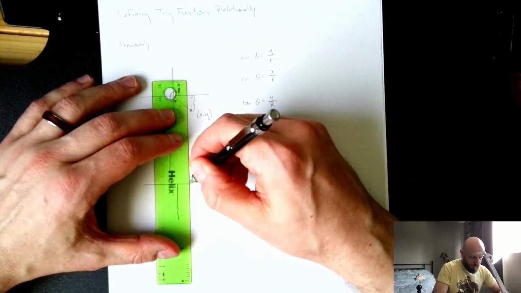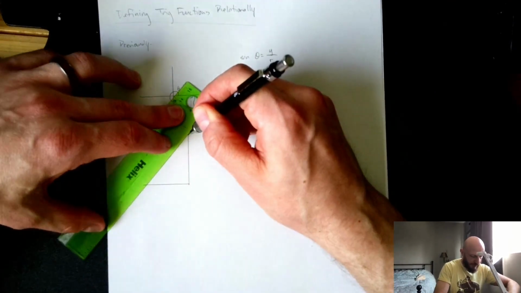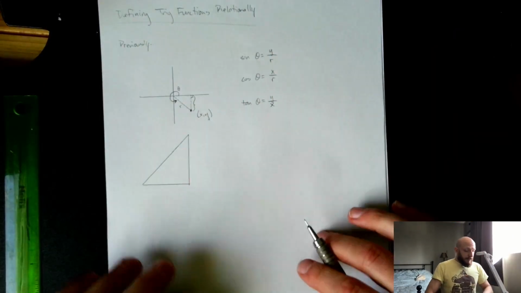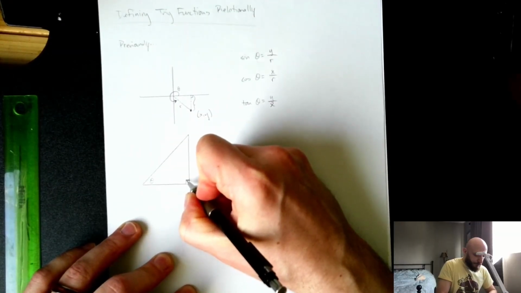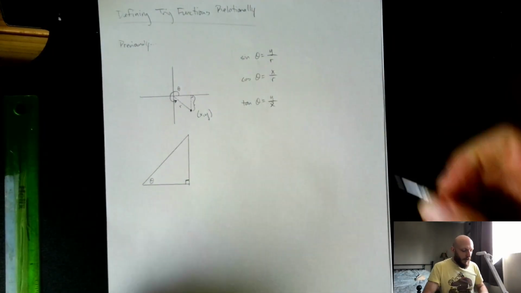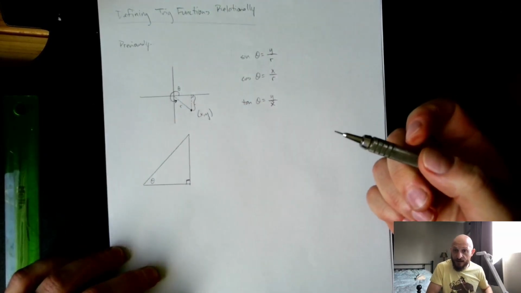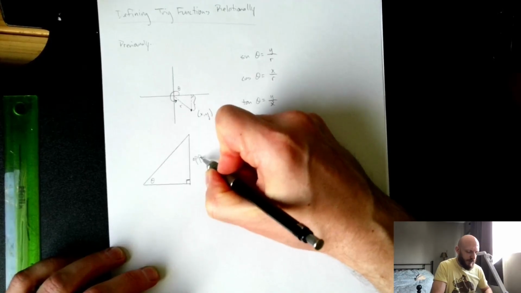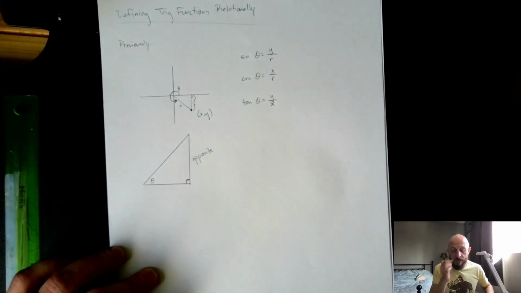So what would that look like? Well, if we have our right triangle like this, and maybe we have some angle theta in here, I can label the sides of this triangle relative to theta. So in particular, this side right here, what we might view as being the height of this triangle, is the side that's opposite theta.